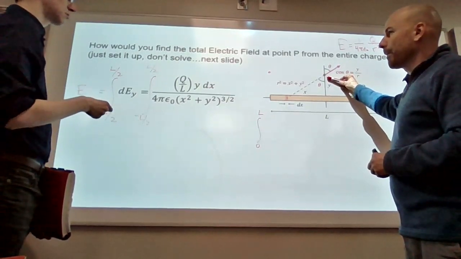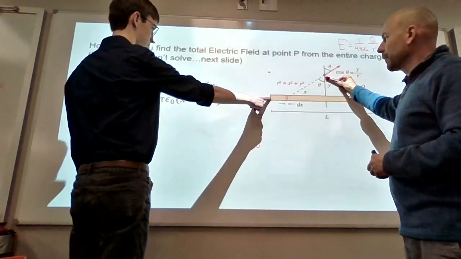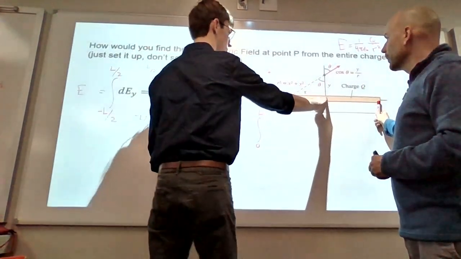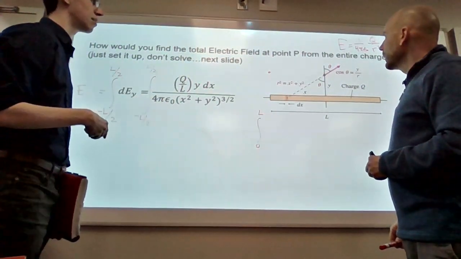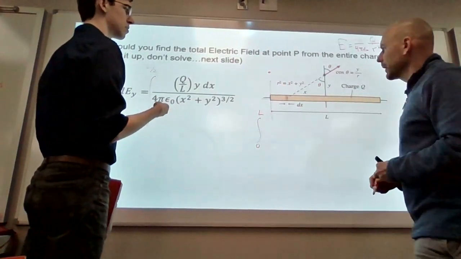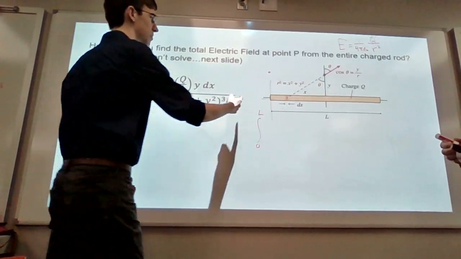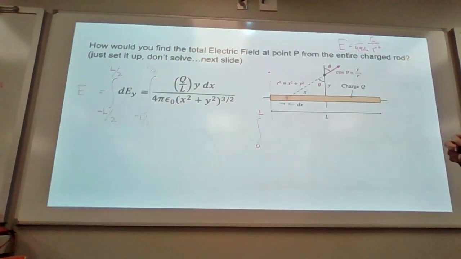But if we're integrating over these bounds, isn't this point negative L over 2 and that point over there is L over 2? So shouldn't 0 to L be that area? I'd change the origin to that, because then you'd be 0 to L and that's why the point's, okay, I get it. I don't understand why the point's there.